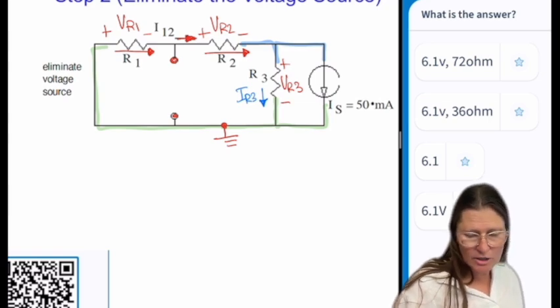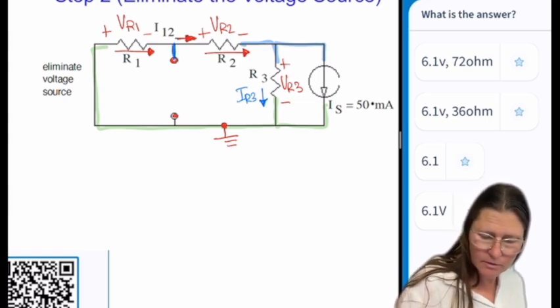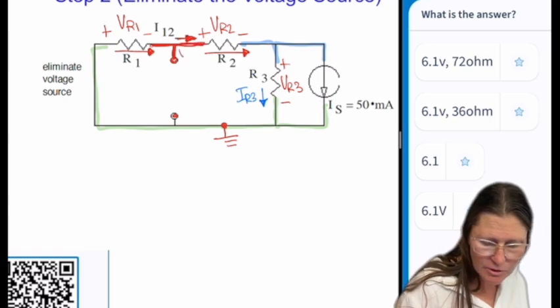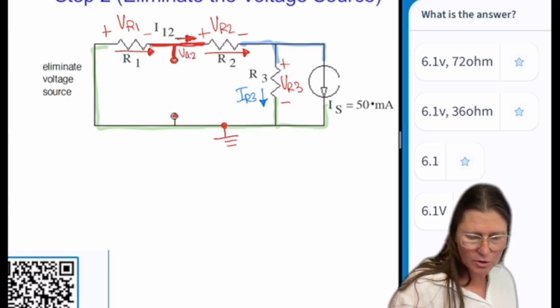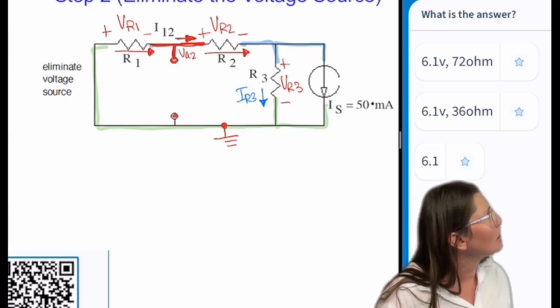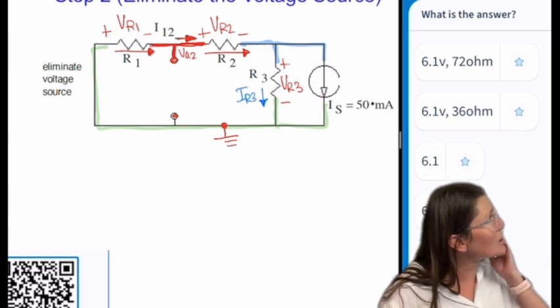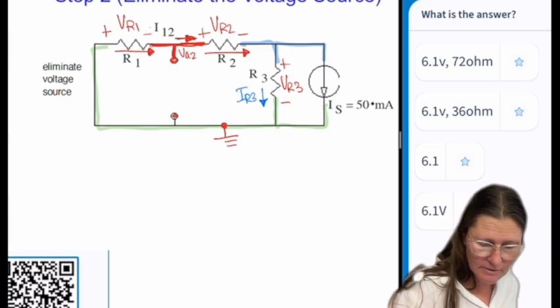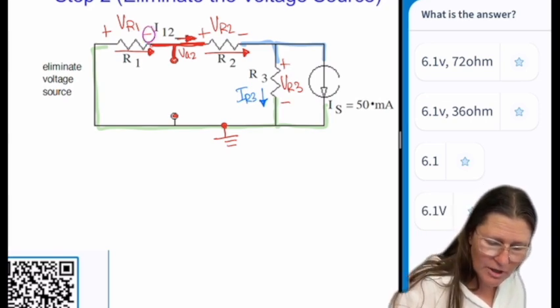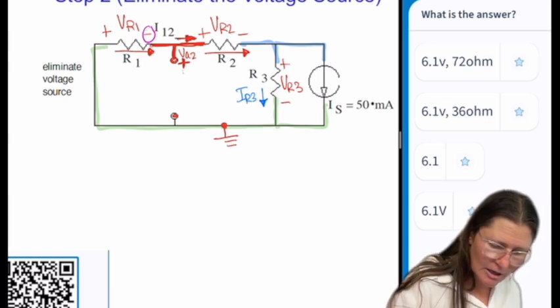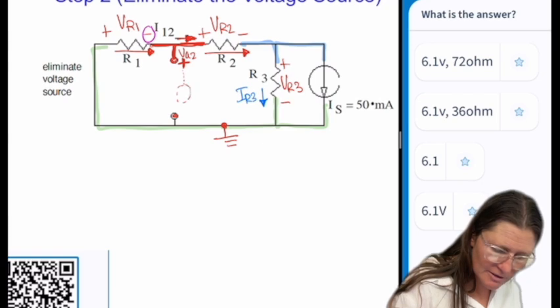So my unknown is this node here of VA, call it VA2. In order to find VA2, hopefully you can see that it's also equal to A minus VR1. VA2 is a plus at the location, and then it's a comparison, a drop to ground.